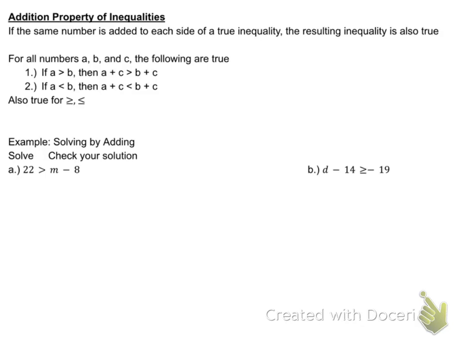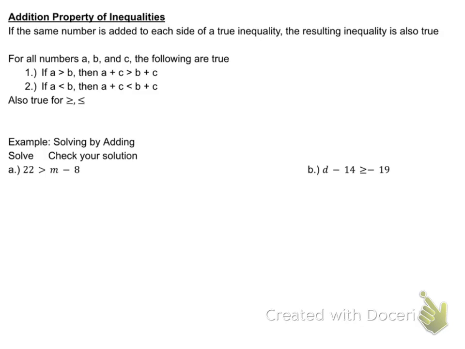So, examples. I want you to solve it and then check your solution. That's an interesting one. Checking. We'll get to that. 22 is what? What is that symbol? Greater than m minus 8. If I wanted to solve this inequality, I want to solve for what?